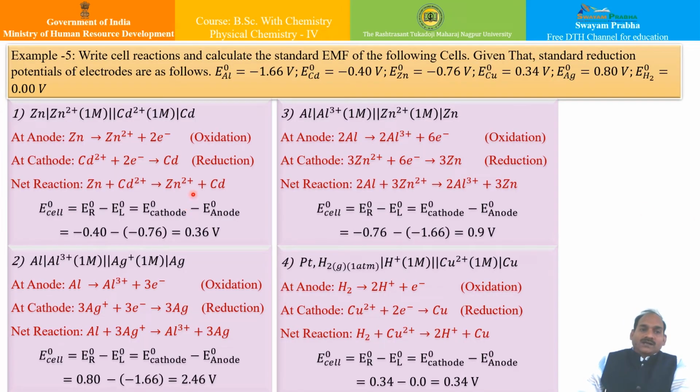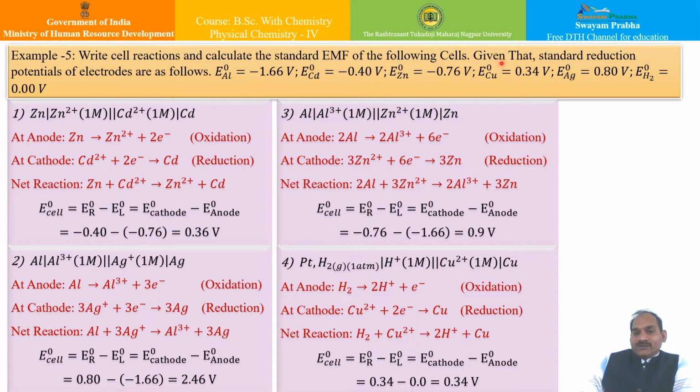So now we will apply the knowledge we have understood in the previous lecture and this lecture to evaluate the EMF of the cell. Let us take this example. In this example, certain cell reactions are given, so we need to write the cell reaction and calculate the standard EMF of the following cells.